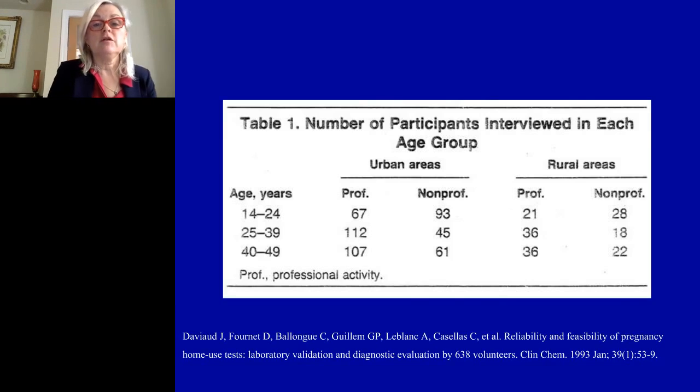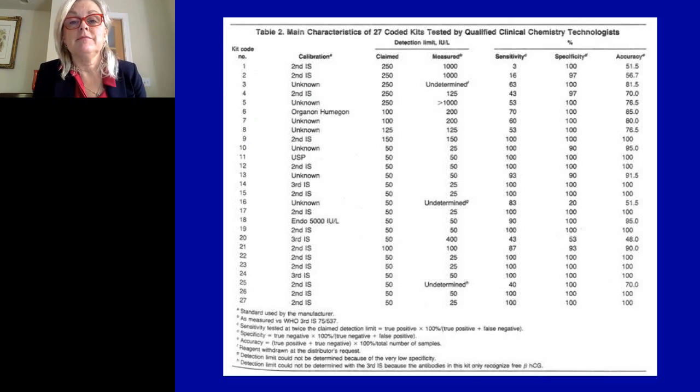So first of all, this is kind of a detailed chart, but basically what I'd like you to see is that there were 27 kits on the market for pregnancy testing, and only those that had excellent sensitivity, like 100%, and specificity were chosen.